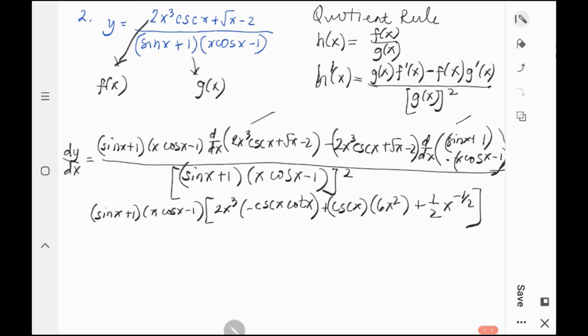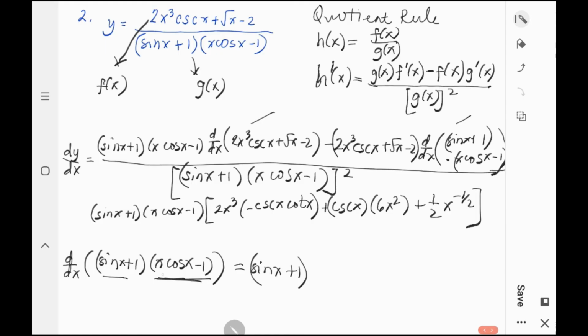How about the derivative with respect to x of the product of sine x plus 1 and x cosine x minus 1? Again, this is a product. So copy the first factor, sine x plus 1, and then multiply by the derivative of the second factor. This is a product.